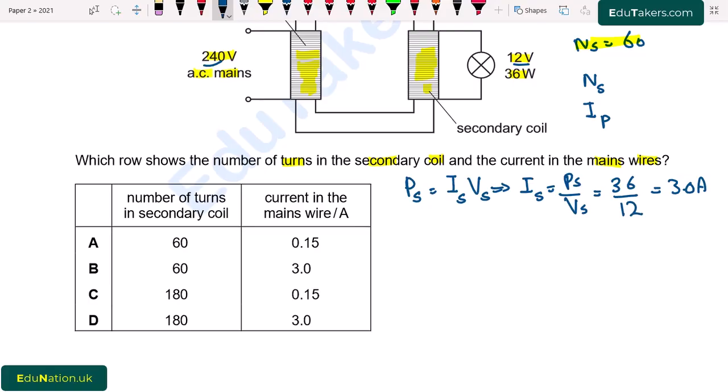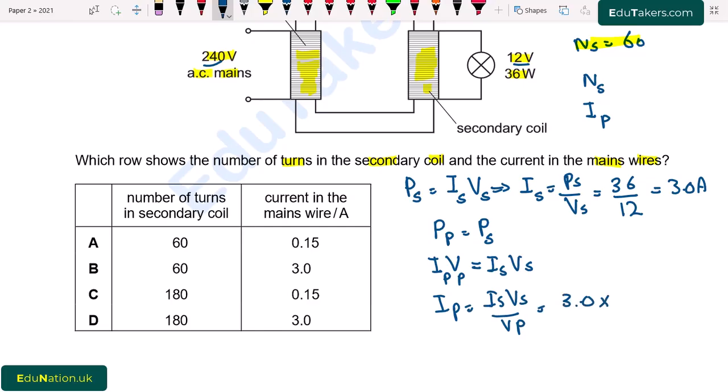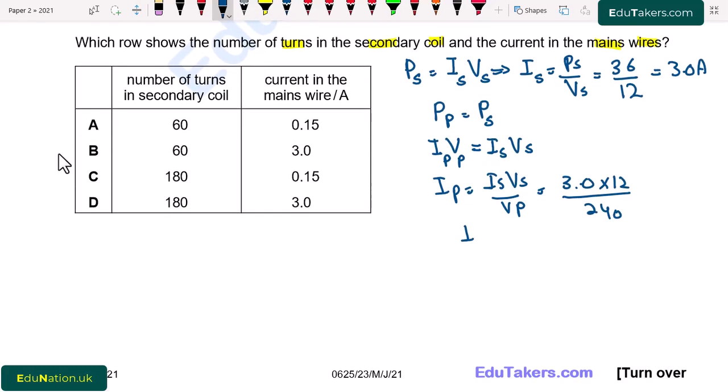Next here I use that input power is equal to output power, that the power of the primary coil will be equal to power of the secondary. Power is the product of current and voltage. It will be equal to Is and Vs. So Ip is equal to Is Vs over Vp. The current in secondary is 3.0 multiply Vs is 12 divided by Vp is 240.